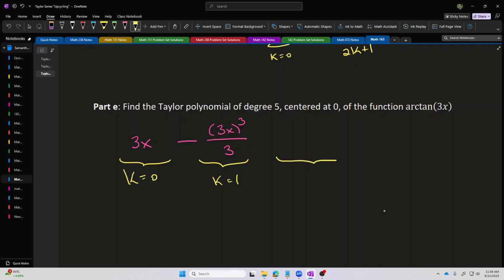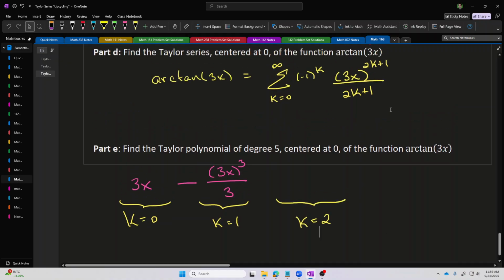If I increment k one more time and bring it up to 2, and I plug 2 into this series formula, I get plus now from the -1 to the k, and this exponent 2k plus 1 becomes 5 from 2 times 2 plus 1.